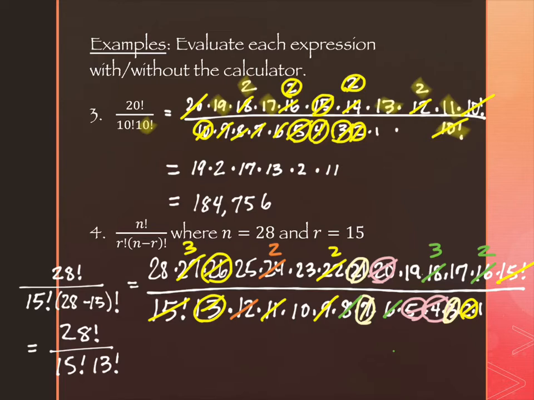10 does not divide evenly into anything the way that we've canceled it so far, correct? But do you see anything that you could use instead if you wanted to? What do the 10 and something on top have in common at the very least? 10 and 20, but I already canceled my 20, didn't I?